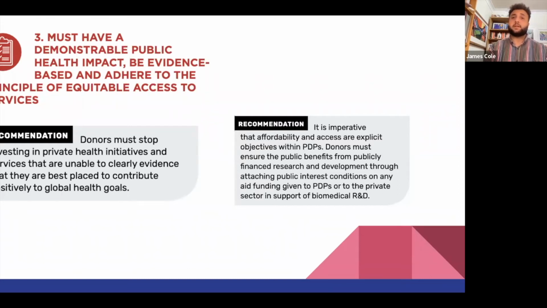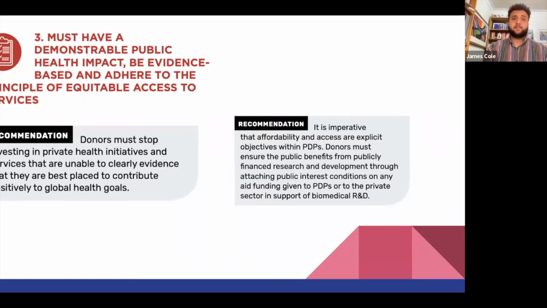If we don't achieve this, we risk seeing ODA being used unnecessarily to subsidize the private sector. So taking this principle forward, we ideally would like to see donors stop investing in private health initiatives and services that aren't able to clearly evidence how and why they are best placed to contribute positively to global health goals.